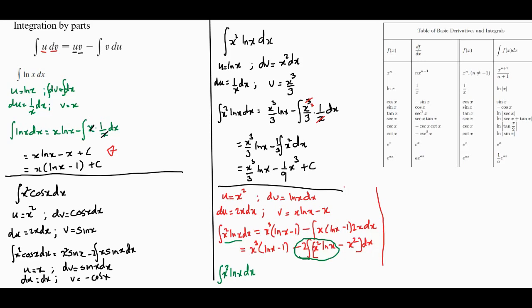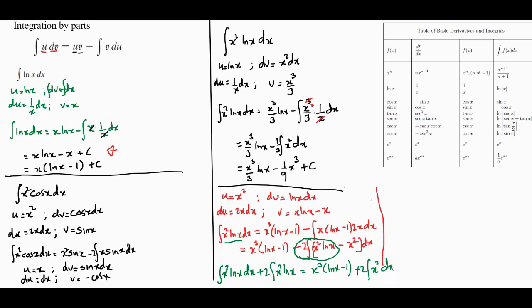Then I'm going to bring this plus 2 integral x squared ln x. Okay, and that's then equal to, what's left here is x cubed ln x minus 1, and this minus sign and this minus sign here will multiply, and that will become plus 2. So this will be plus 2, and the integral that remains is just x squared dx.